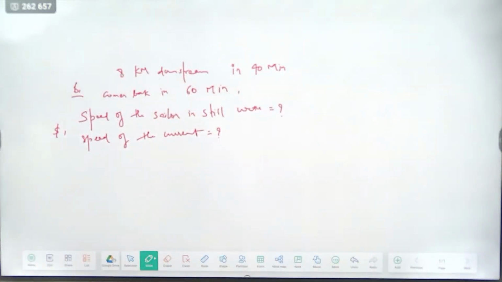It has gone 8 kilometers downstream, so how many kilometers has it come upstream? Same or different? Same only, no? We have only one formula entirely. Even in this also we have speed is equal to distance into time. That's it.